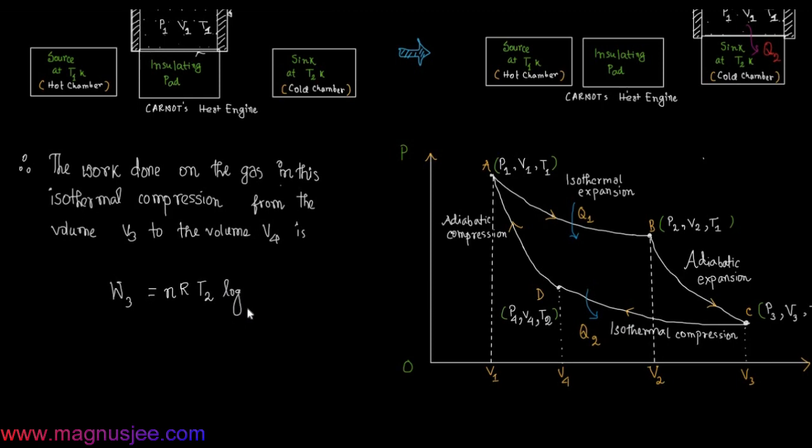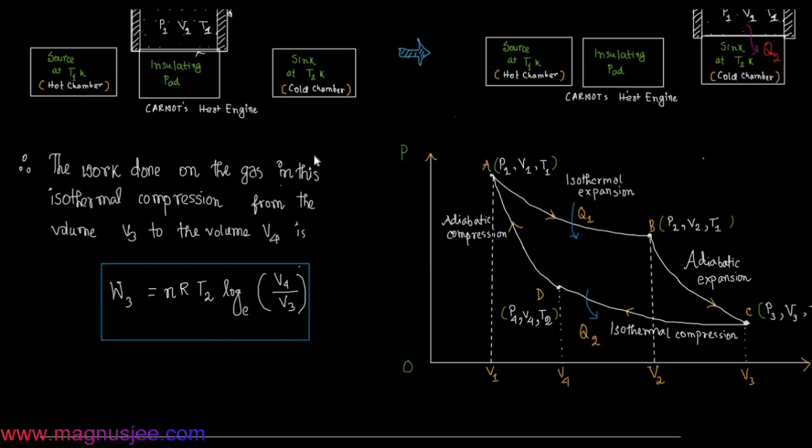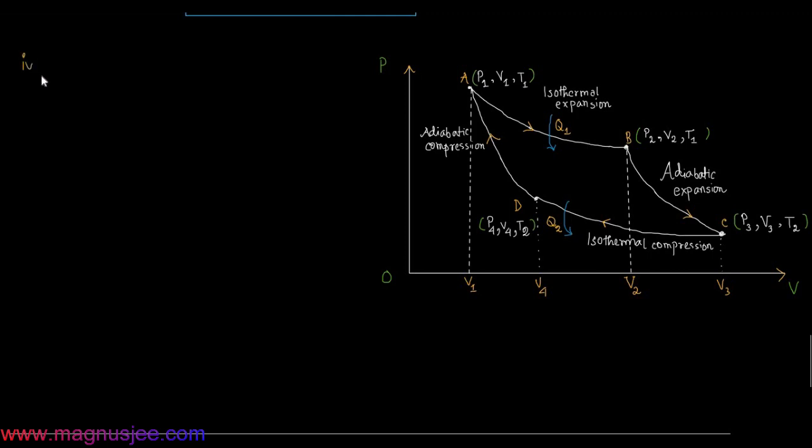T2 is the temperature of the gas placed in the cylinder. W3 is equal to nRT2 log base e (V4 divided by V3). That is the work done on the gas in the isothermal compression.